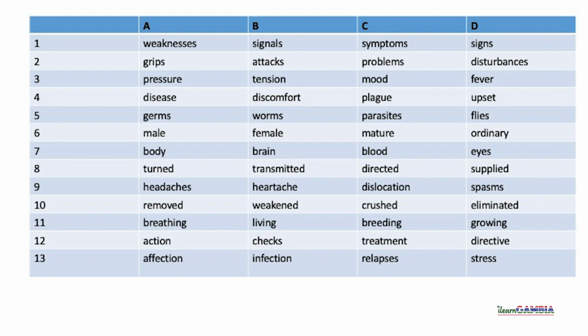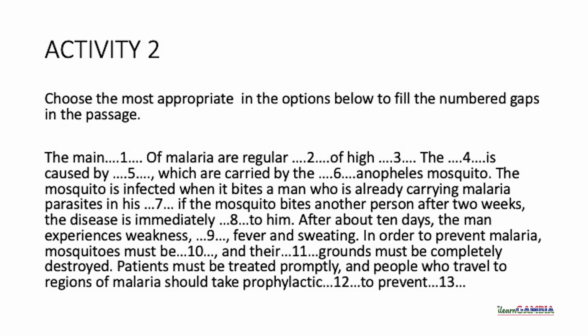Number 3, you have pressure, tension, mood, fever. Disease for number 4, discomfort, plague, upset, and so on, up to the last one, that is number 13. Okay? So you read the passage carefully and choose the right word that fills that numbered gap.